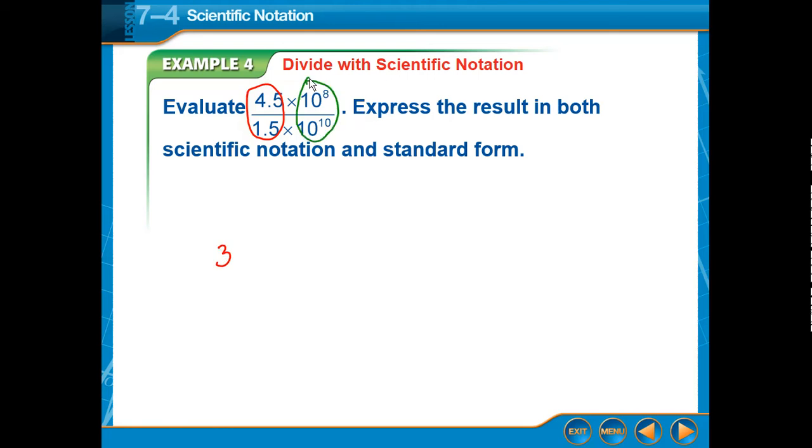If I do 10 to the 8th divided by 10 to the 2nd, remember when you're dividing with exponents with the same base, so the same base of 10, you subtract the exponent. So it's going to be times 10 to the 8 minus 10, which is negative 2. And this is in scientific notation, right? There's only one non-zero number to the left of it. So this is okay. This is scientific.